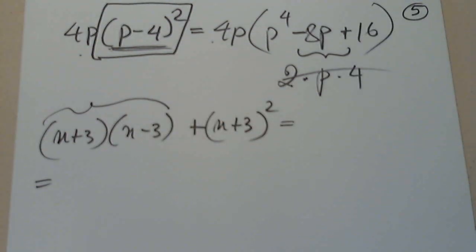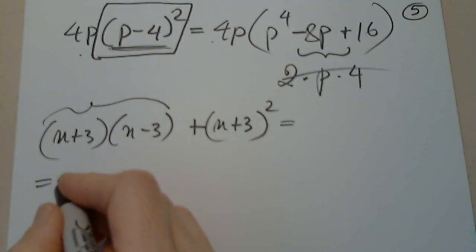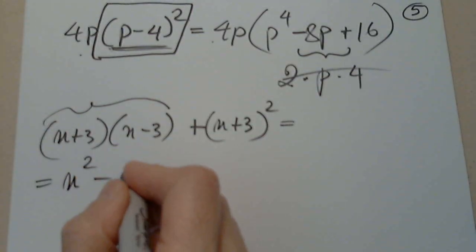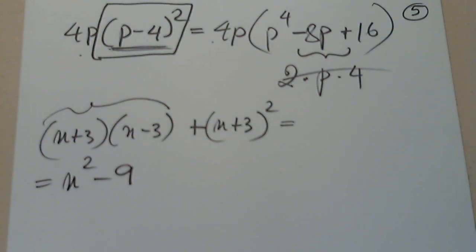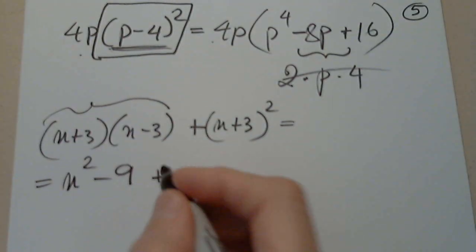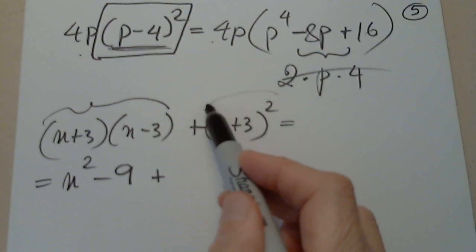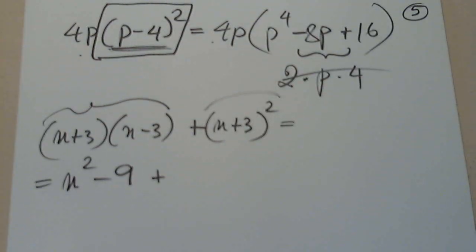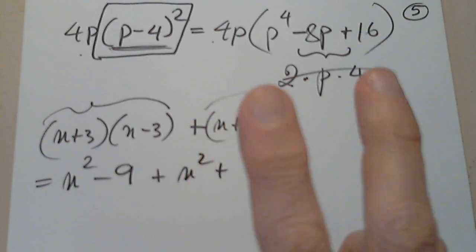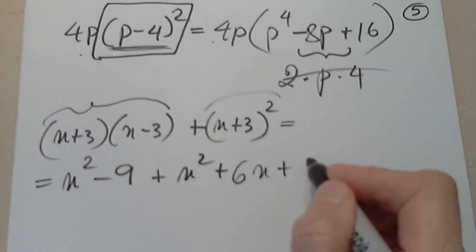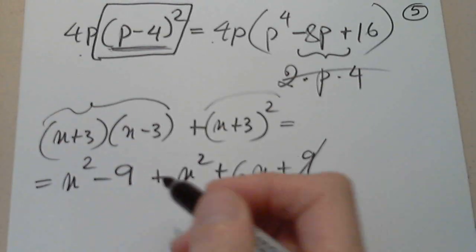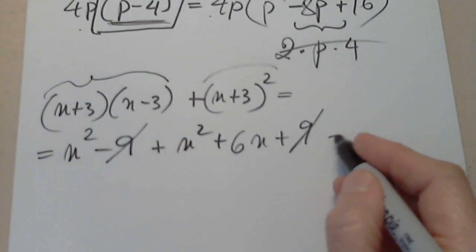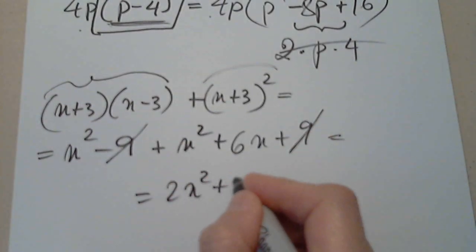If it is, tell me what it is. n squared minus 9. It's the difference of squares. Very good. Plus. What is this? And how many terms will you give? 3. Yes. So n squared, yes, 6n, indeed, 9. That's it. Combine like terms. 2n squared plus 6n.